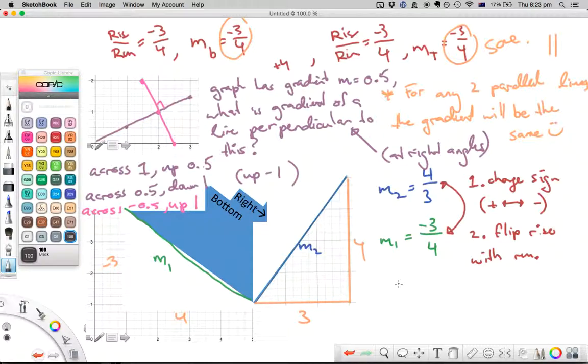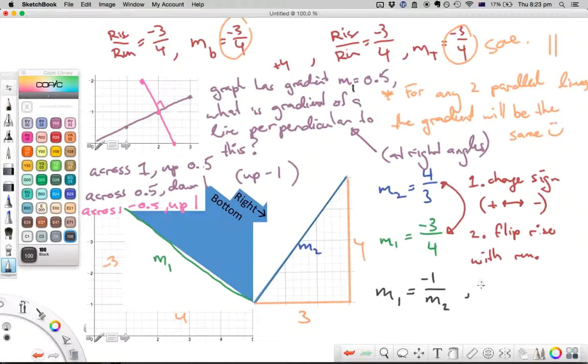The formula here is going to be the gradient of line 1, M1, equals negative 1 over M2. This is because this negative takes the gradient and swaps it into a negative, and then this 1 divided by is going to take whatever M2 was and flip it on its head.